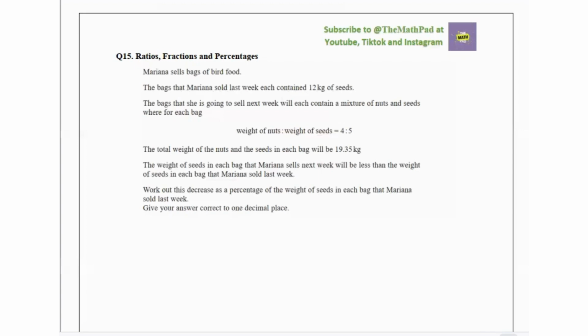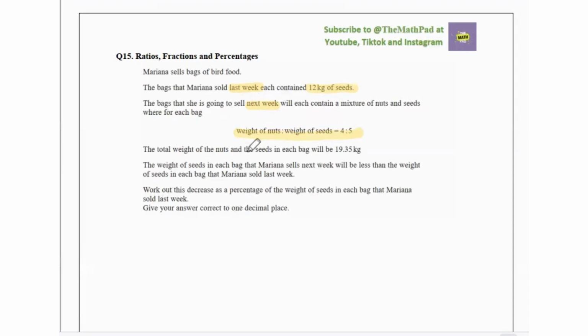So if you look at the second statement, she sold last week bags that each contain 12 kg of seeds. So let's highlight the important information. The bags that she is going to sell next week will each contain a mixture of nuts and seed in this ratio.